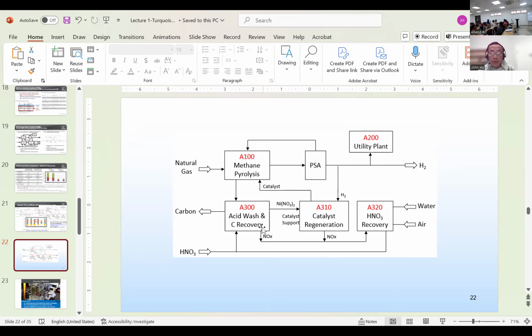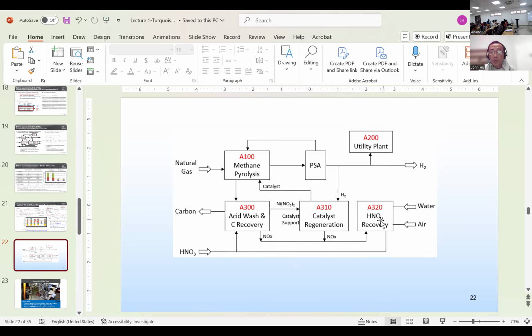All right, then we have to rebuild the nitric acid. See the nitric acid recovery. So you have to reoxidize it and build the nitric acid, and then it can continue to be used. So the acid wash is very effective. It just depends on how much you use. Either you buy it or you can recover it. And then how do you recover nitric acid? There's a process.